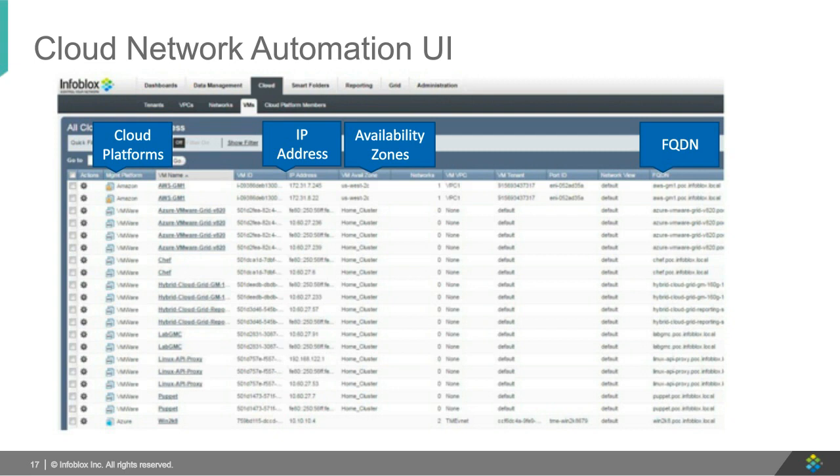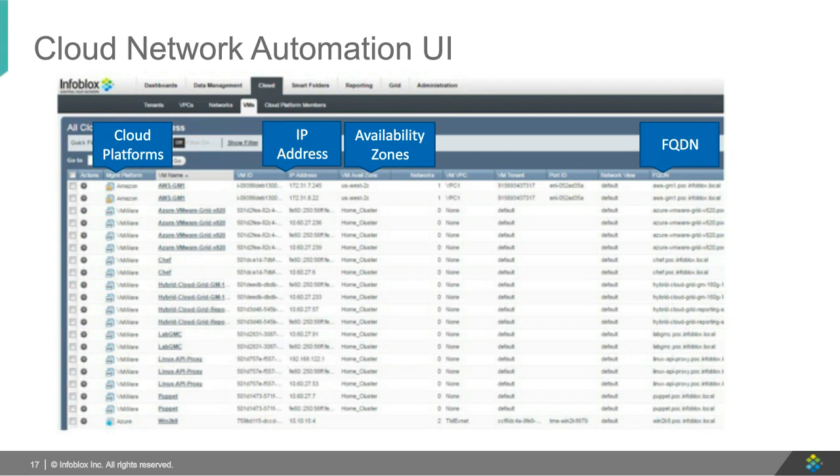So a single job will discover all the resources across your different platforms and different deployment options. You get details about cloud platforms, IP addresses, what availability zones they are in, what the FQDN is, and a host of other information, other EA and metadata information. So this gives you a complete picture of what resources are there in your environment.